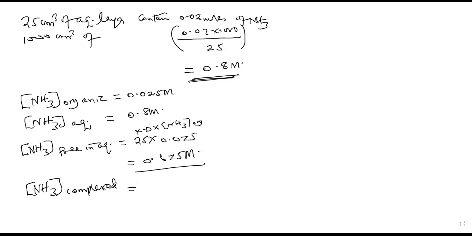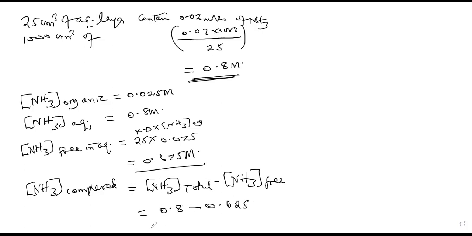Complexed ammonia is total ammonia minus free ammonia, so 0.8 minus 0.625, giving us 0.175 molar. This is the complexed ammonia.